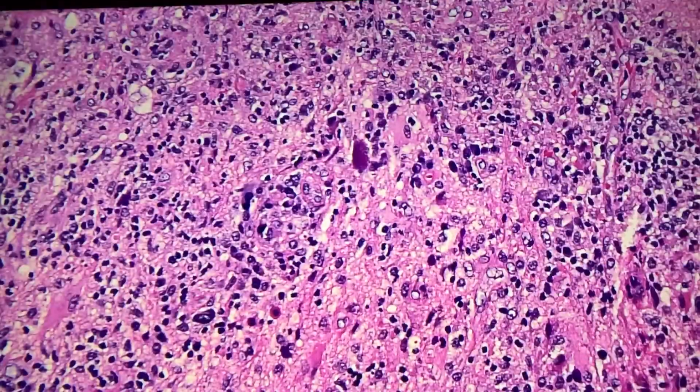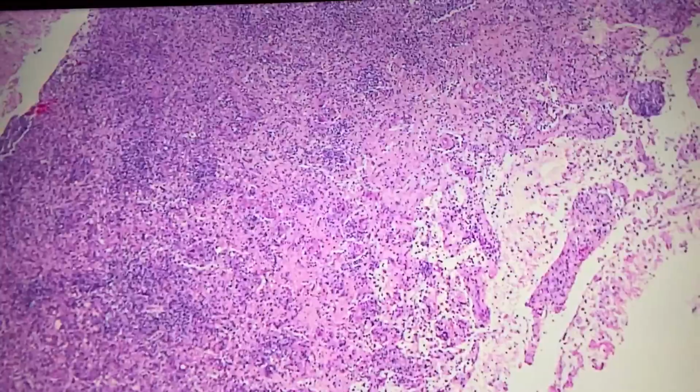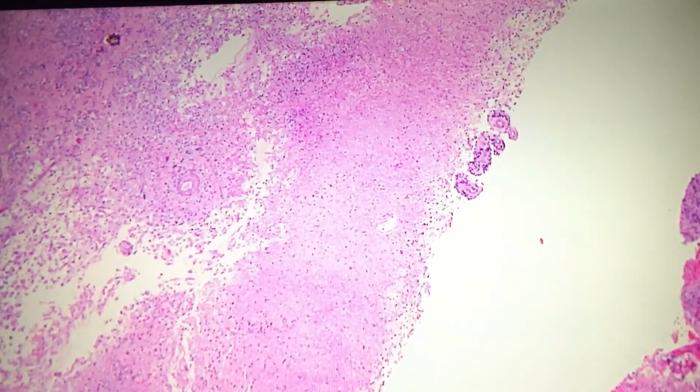Is there a fungus? The red granules. Yeah. Go to the black dots. Yep. Can you find the black dots? Yep. So what could that be? Look, there's even necrosis. What could that be?